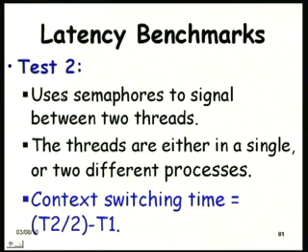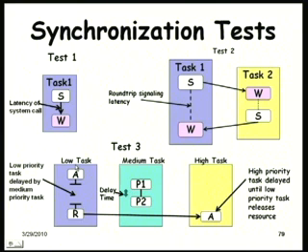Test 2 uses 2 semaphores to signal between 2 threads, and here the threads are either in a single process or in 2 different processes. So, if we consider the time taken for test 2 as T2, then the context switch time is basically T2 by 2 minus 1, because there are two calls involved here.